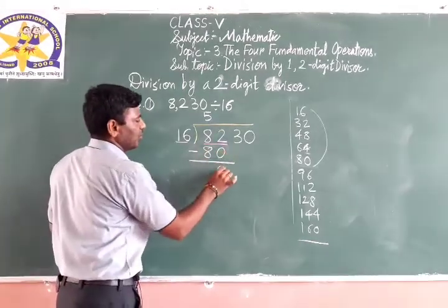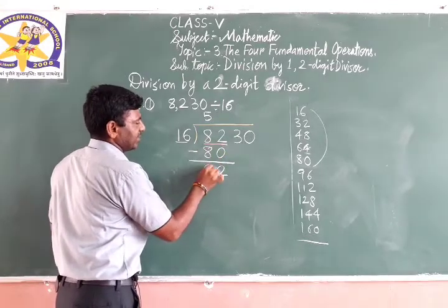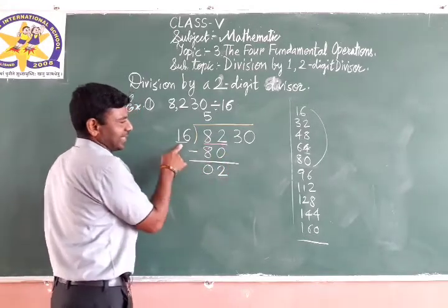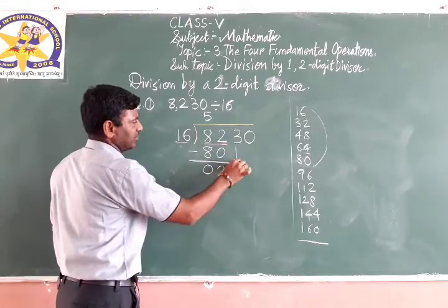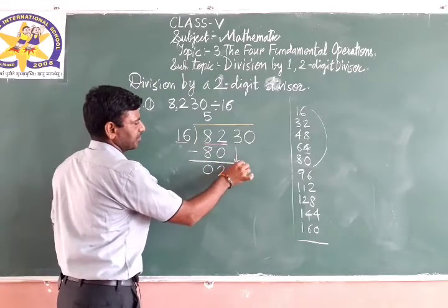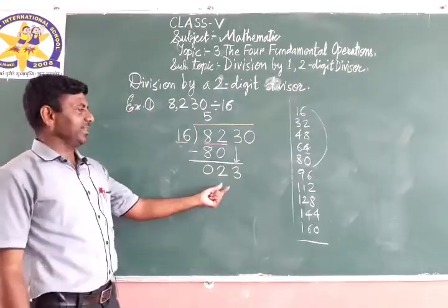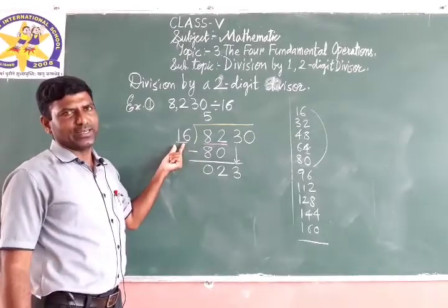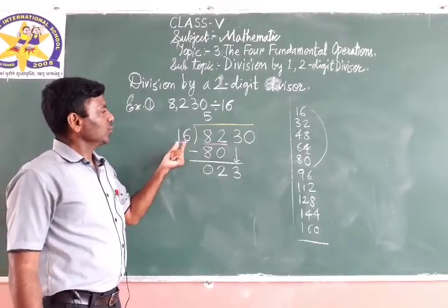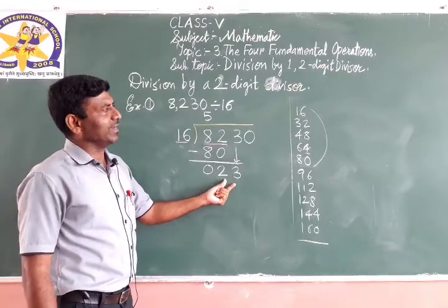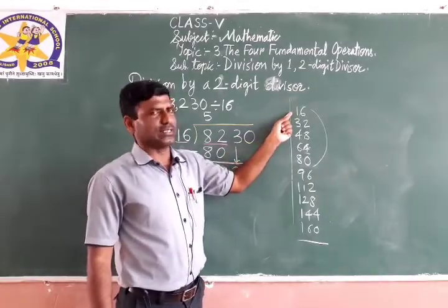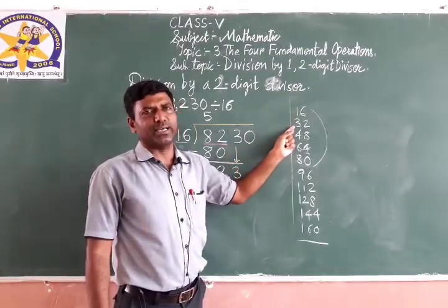2 minus 0 is 2. 8 minus 8 is 0. Now 2 is less than 16, so put one digit down. 23 is greater than 16, easily subtract. So in the 16 table, 23 is there? 16 1s are 16, 16 2s are 32.